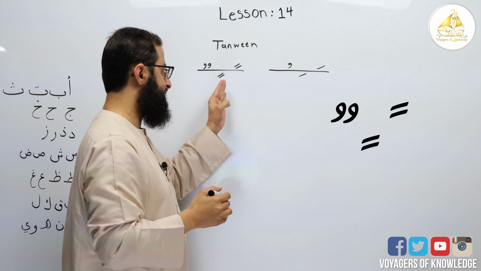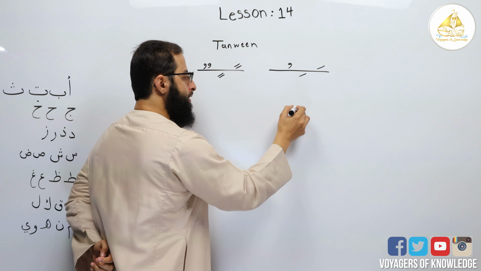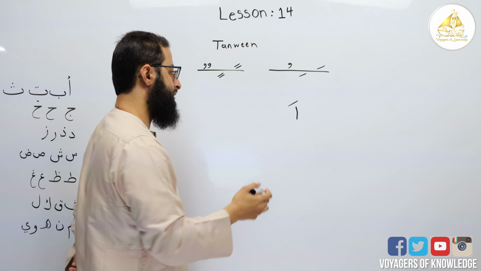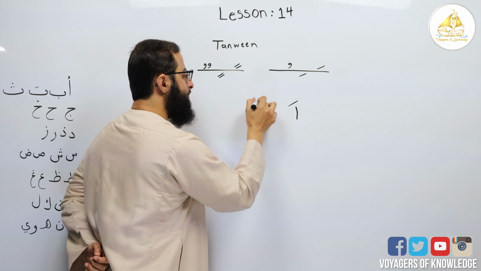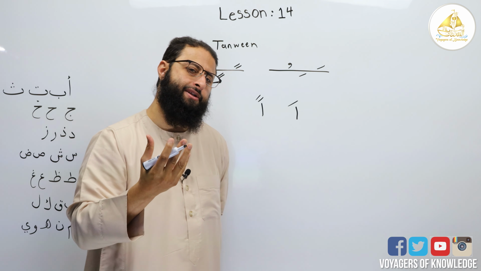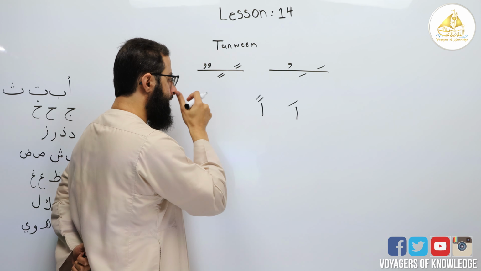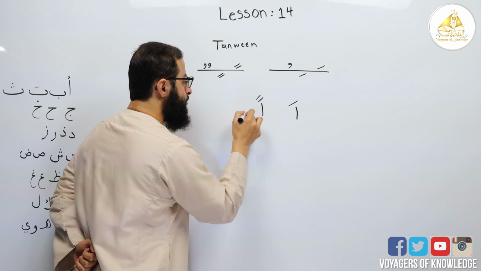Let's go on to the sound that they're going to make. Normally, you would pronounce this letter as A, right? Alif with a Fatha. When we double it, it's still going to have the Fatha sound at the beginning, A. Only the second Fatha is going to be pronounced as a Noon sound, right?